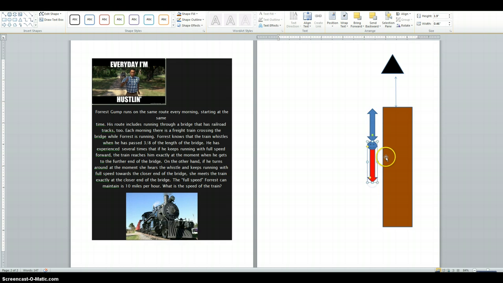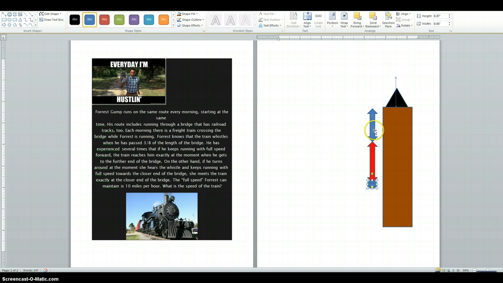And let me just do it so it's not too exaggerated. So if Forrest is 3/8 of the way and he hears the train whistle, instead of going backwards, let's assume he's going forward 3/8, and the train will be here now. Now the train will be here, and Forrest will be here.